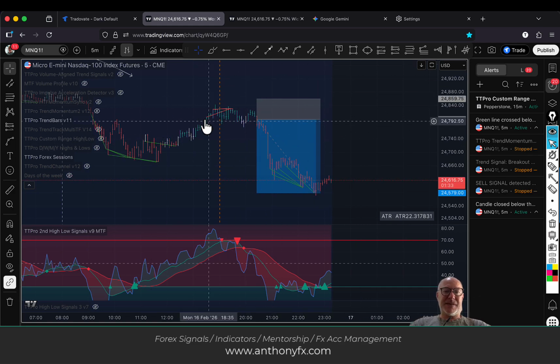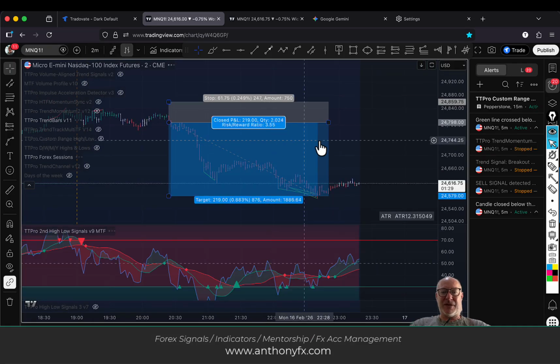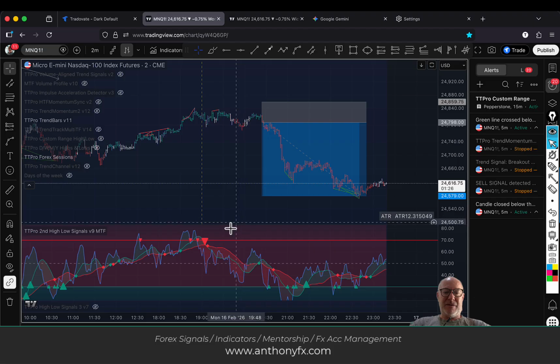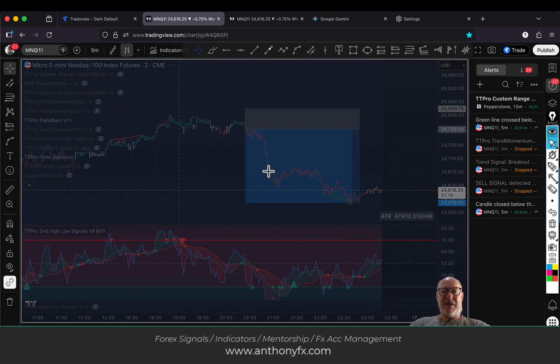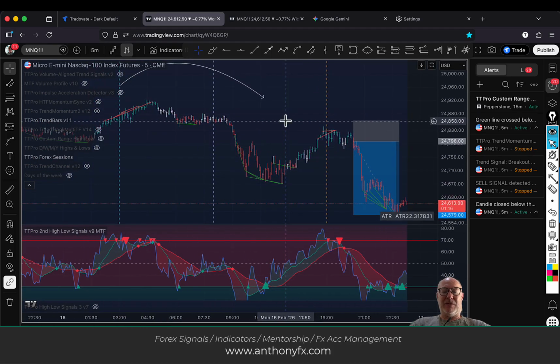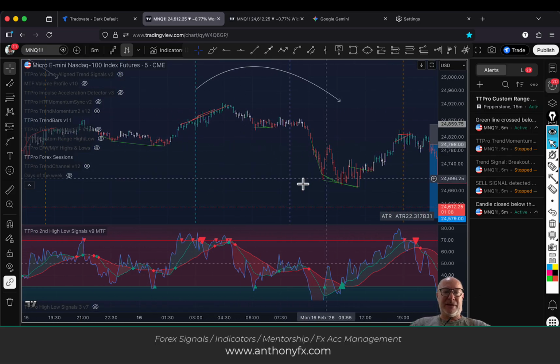I'm only just getting into this scalping, even on a 2 minute, 1 minute. I'm only just getting into this at the moment. So here it is on the 2 minute chart. They turn red and away we go. 5 minutes, probably a little bit less noisy, right? And look, once you trade these, see, here's the other pullback. We're always looking at that higher time frame pullback, and we're waiting for the rotation.